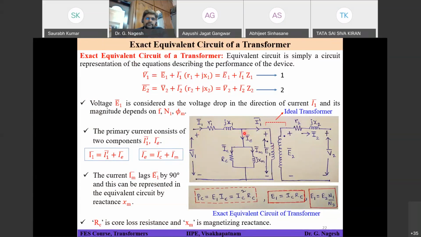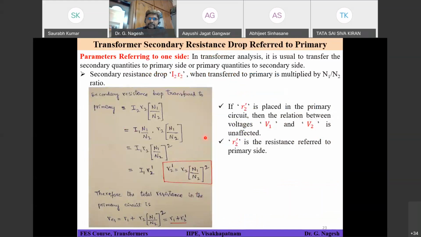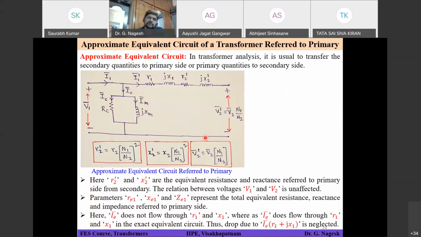This is for simplification only. So this shunt branch, which is adjacent to the core, if I move to this point adjacent to V1, that is called the approximate equivalent circuit. Usually people will use this approximate equivalent circuit because we'll see that anyway. Here we are seeing an approximate equivalent circuit with all parameters referred to primary side.